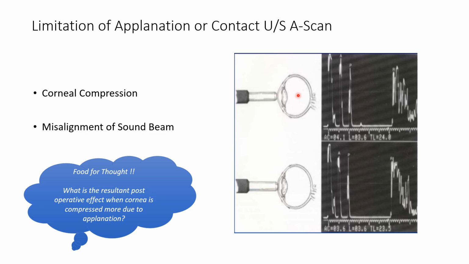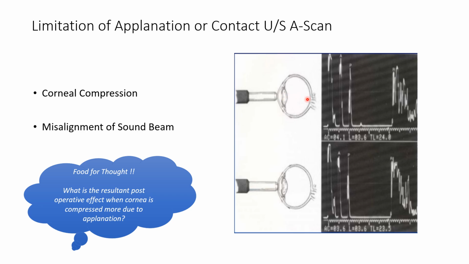Well, it is going to be a myopic surprise. Why? Because here the patient's true axial length is, say for example, 25 millimeters. But because of corneal compression, you get an axial length of say 24.7 millimeters. That is 0.3 millimeters less than the true axial length. So then, because you have measured a shorter axial length, your IOL power will be more.